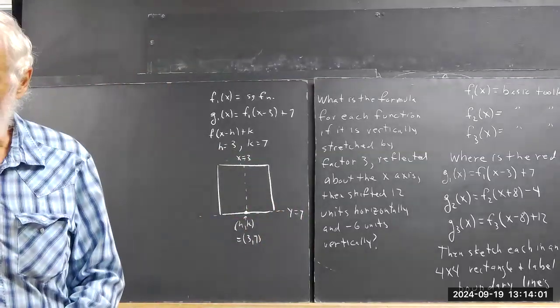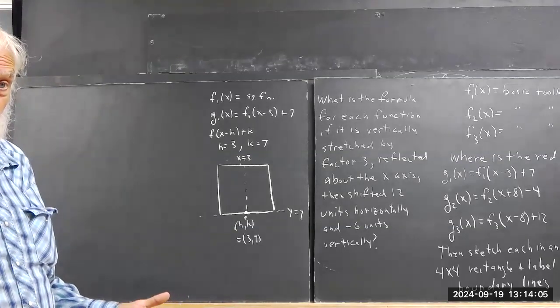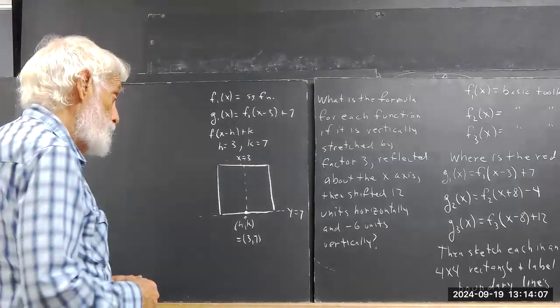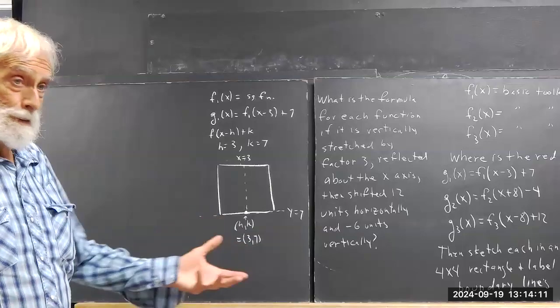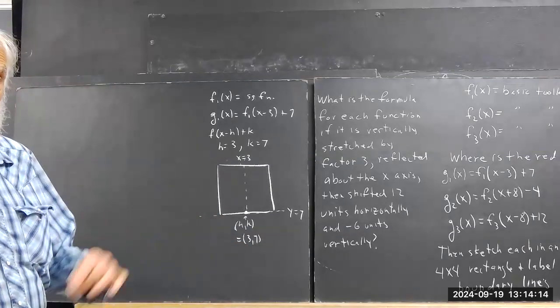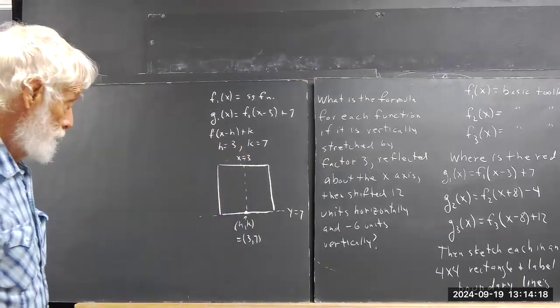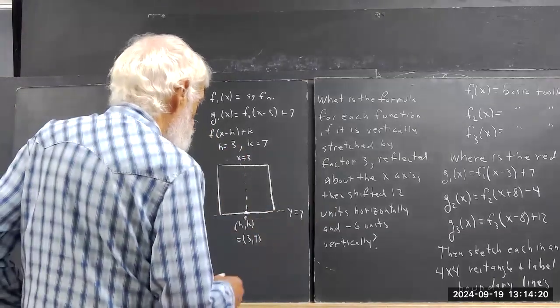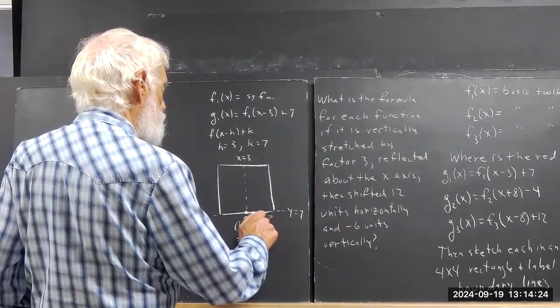You've got to get that in your head. And you're only going to get it in your head if you write it out every time you do it. Okay. And it's easy. You just keep writing it out, it's going to become second nature, and you're going to have a deeper understanding of the coordinate system. Okay. So we have that. It's a 4 by 4 box. So let's see, this distance is 2. You don't have to write this in.